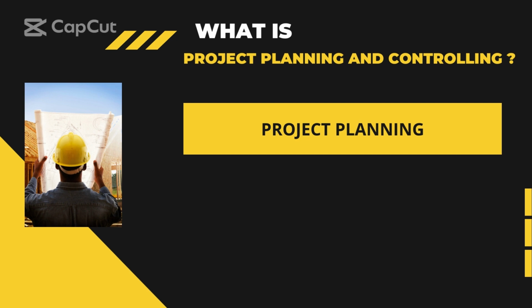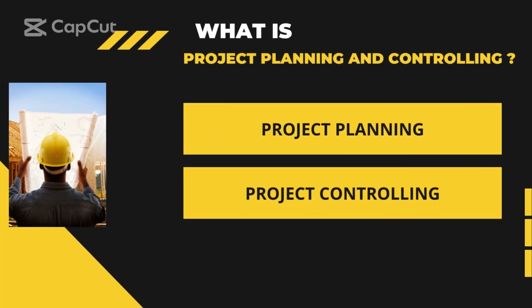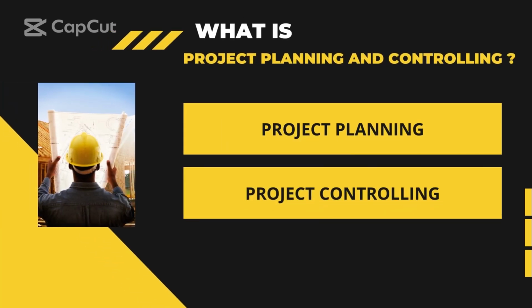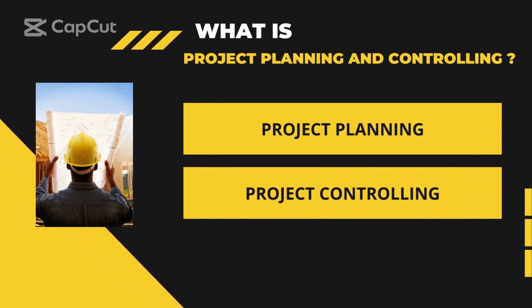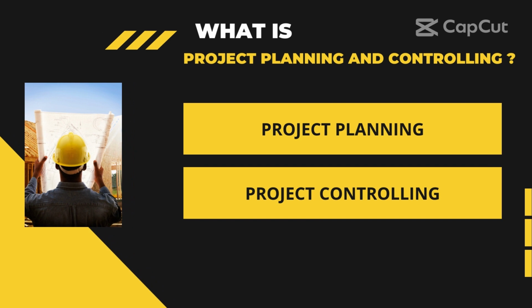For project controlling, project controls are processes for gathering and analyzing project data to keep costs and schedules on track. The functions of project controls include initiating, planning, monitoring and controlling, communicating, and closing out project costs and schedule.